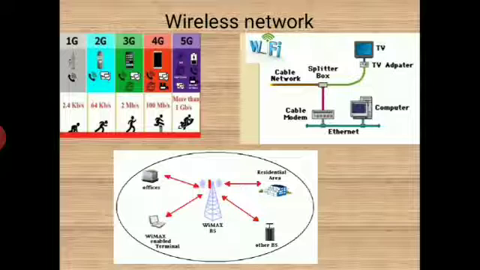Some of the wireless networks such as Wi-Fi, WiMAX and 3G, 4G, 5G are wireless networks which convert the internet signal into a wireless signal and transfer it in the form of radiation.